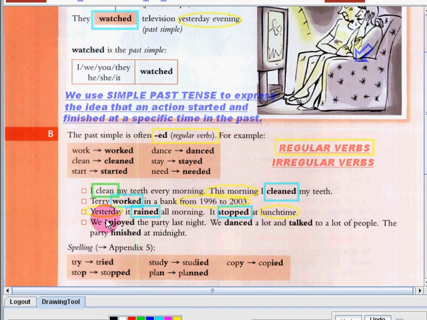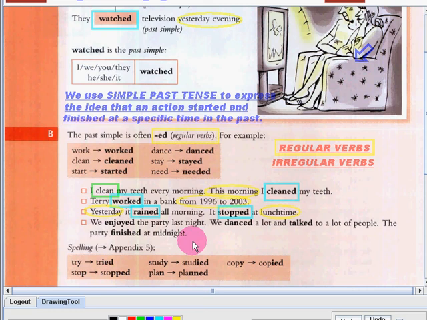So, we are sure that the action started and finished at that time expression. Just the same with the second sentence, we have the verb stopped, and the action happened yesterday at lunchtime. So, it's already in the simple past tense.